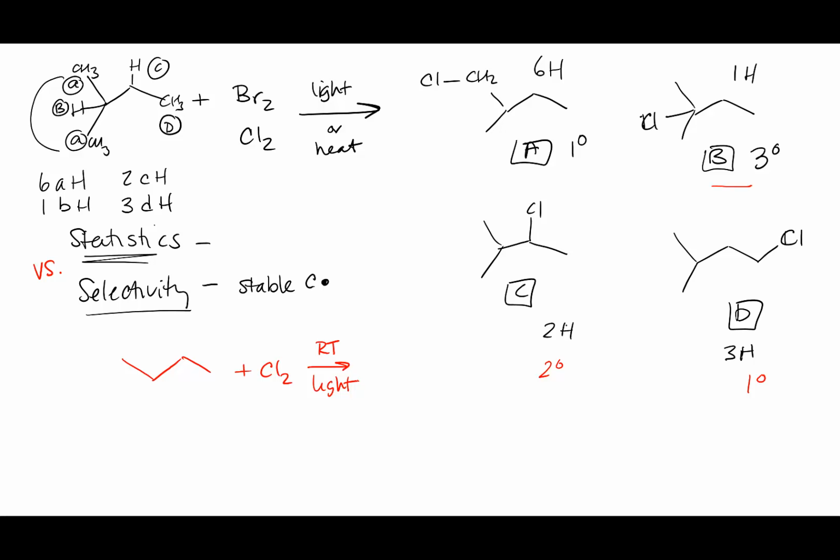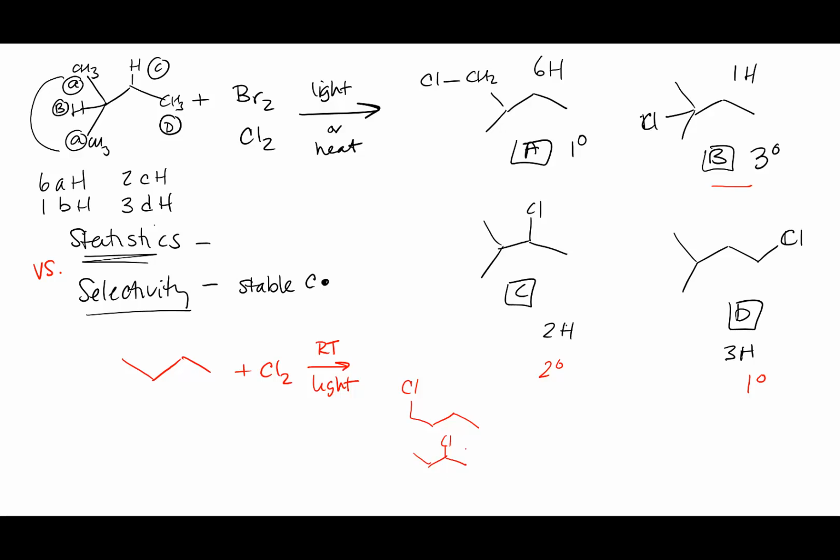They said there are two products that I can form, 1-chlorobutane and 2-chlorobutane. They would analyze the product mixture by GC and determine what the percentages are, but that percentage is a mixture of statistics and selectivity.